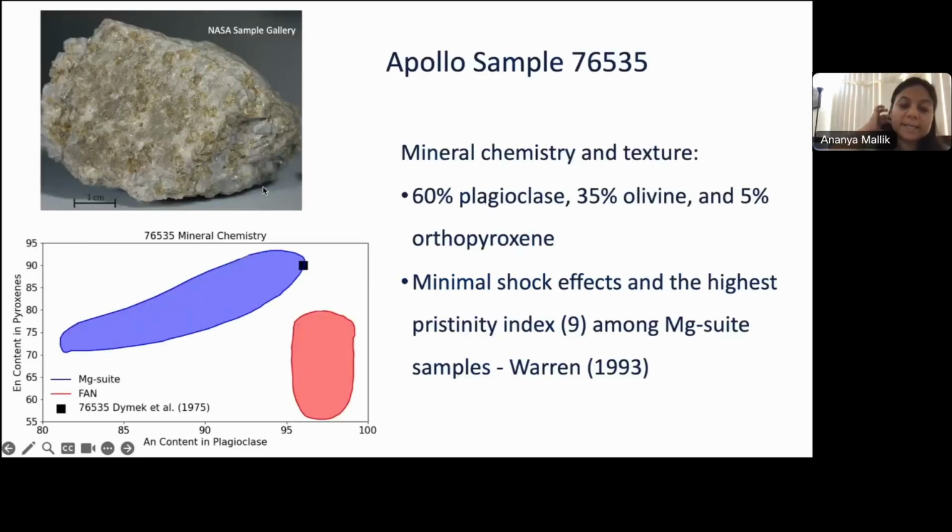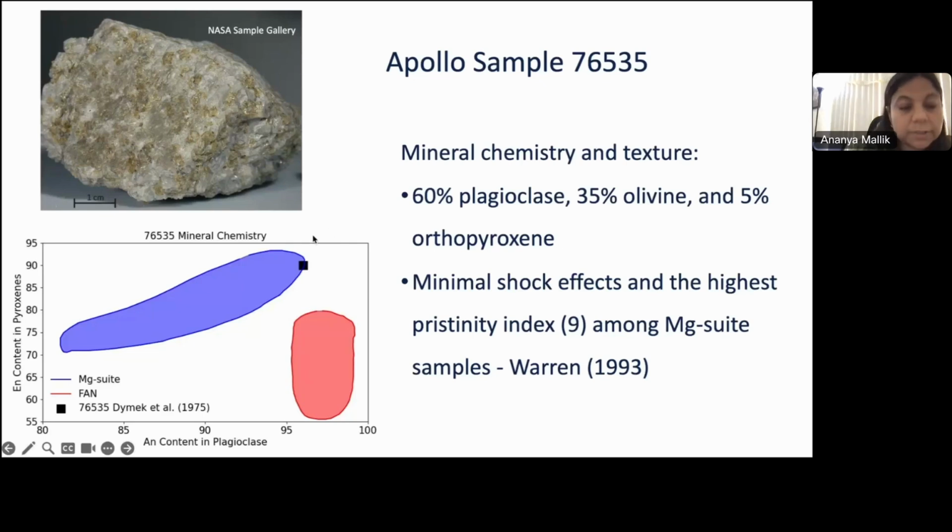So what Isaiah has done is he has focused on this particular troctolite sample, which many of you here are very familiar with. It's 76535. It's a troctolite, which means it's mostly plagioclase with some olivine and then some minor amounts of orthopyroxene. This sample is really special because it has very minimal shock effects, and it's actually the most pristine of the Mg suite samples.